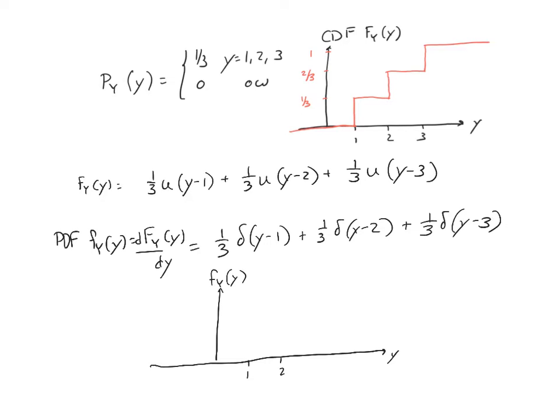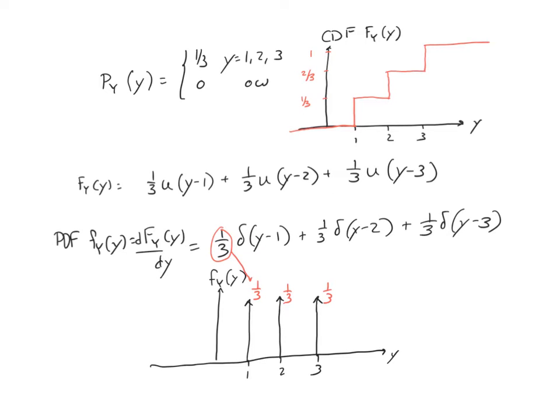1, 2, 3. This PDF is 0 except at 1, where there's an impulse, a delta function, and at 2, and at 3. And then there's a convention we have that these weights on the delta function are labeled as the weights of these impulses.